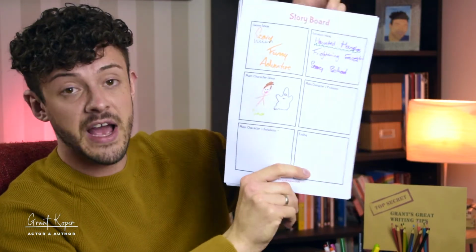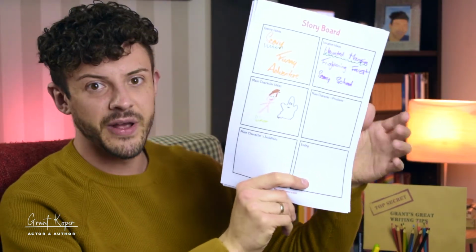Now, during the episode yesterday, we spoke about the genre. We spoke about the location for our scary story, where it was going to be. We spoke about the main character ideas, and we used this storyboard, which you can still get on my website if you haven't already.